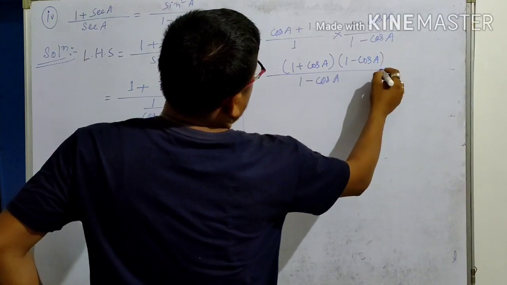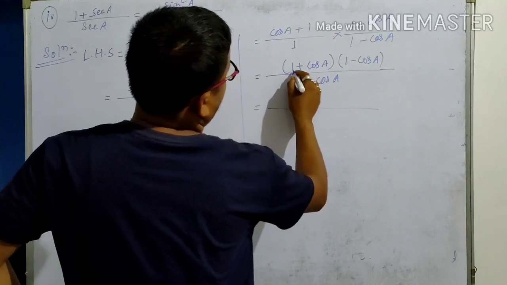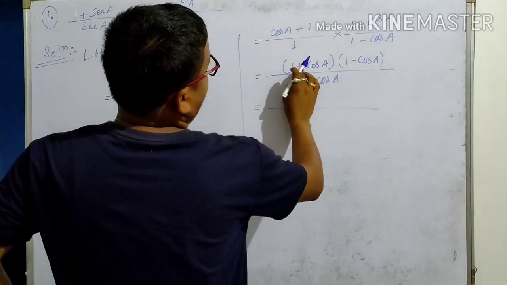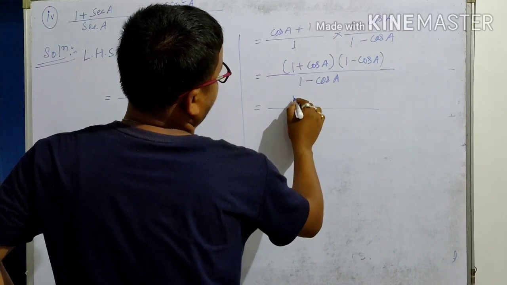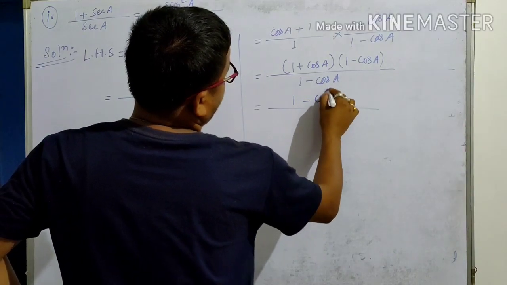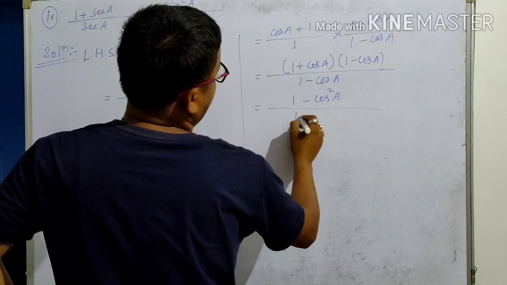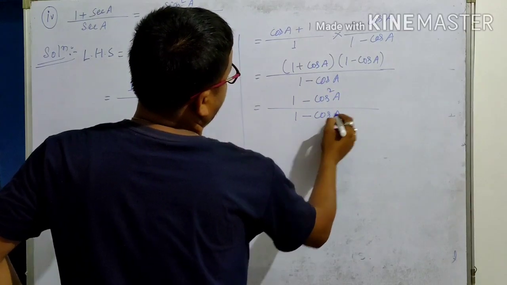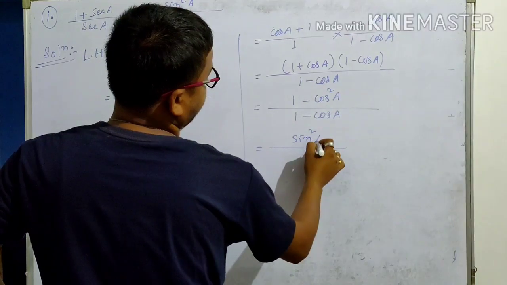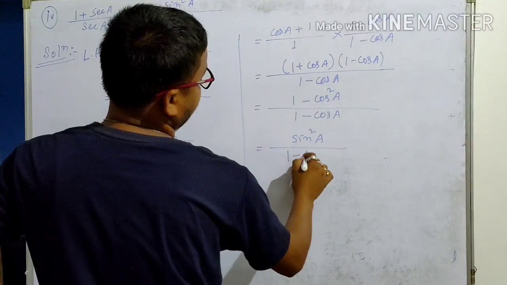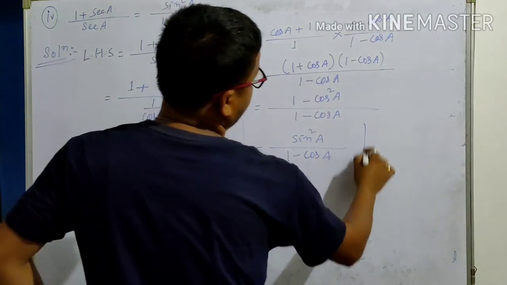Okay. So finally you will get 1 plus, and (a plus b)(a minus b) means a square minus b square, so 1 minus cos squared a divided by 1 minus cos a. Okay. Now you see this will be sin squared a, that is by using identity number 1.